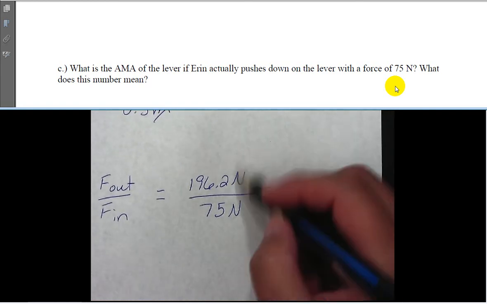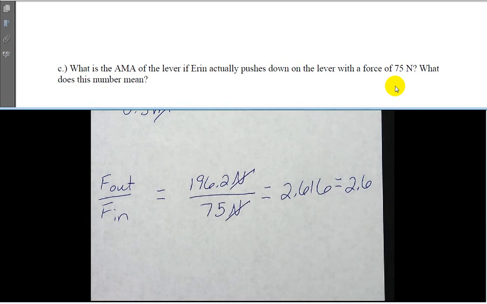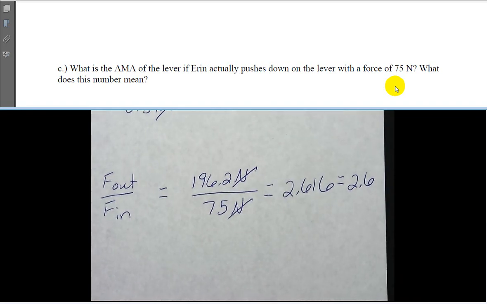Again, I do not have a unit because newtons cancel out. What does this mean? With friction and everything else added in, you have 2.6 mechanical advantage. So it's 2.6 times easier to actually lift that box.